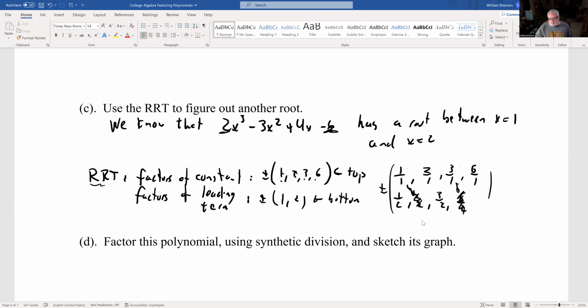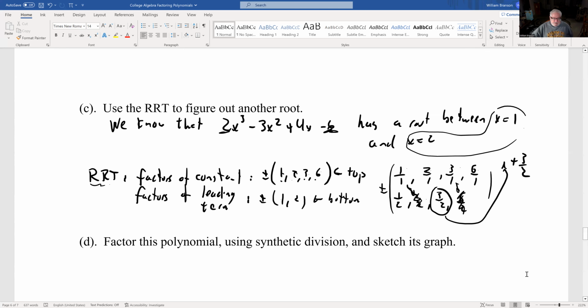So actually we're getting 1, 2, 3, 4, 5, 6, 12 possible numbers. But we know it's somewhere between 1 and 2. And this is the only possibility. If a rational number is a root, it's got to be 3 halves, because that's the only one that's between 1 and 2.